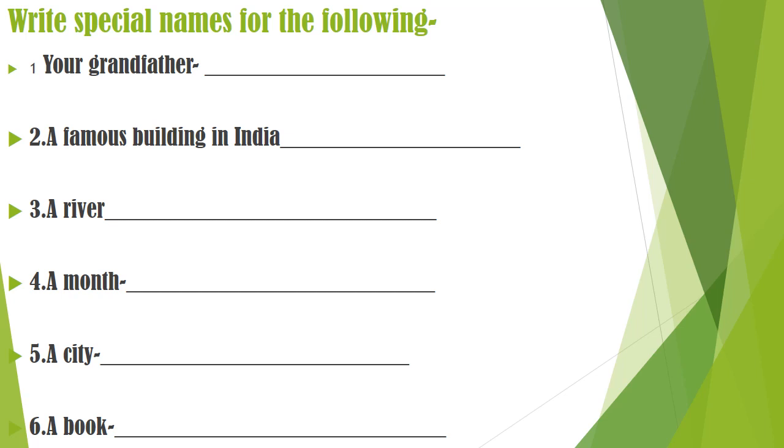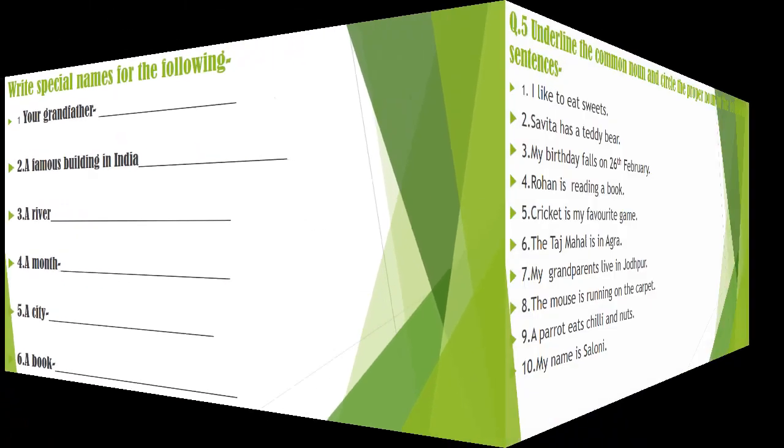Write down any one name and start with the capital letter. A month, month means महीना, कोई से भी एक महीने का नाम, a month. A city, कोई से भी एक शहर का नाम. Sixth, a book, किसी भी एक किताब का नाम. So this is your question. You have to write down the special names.